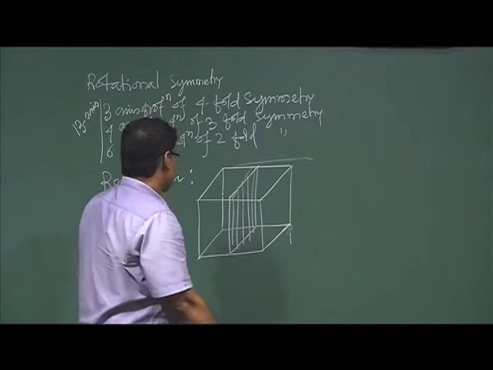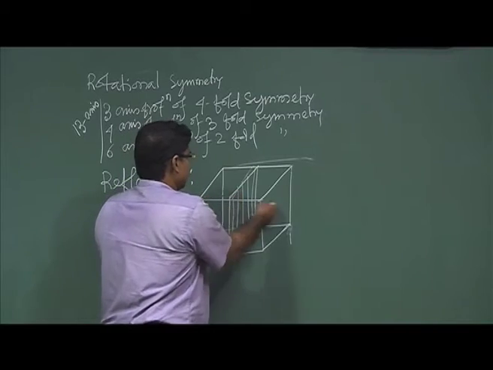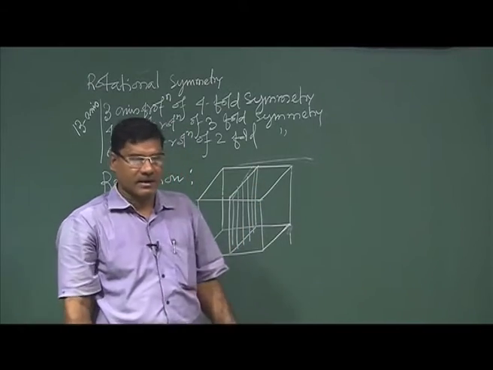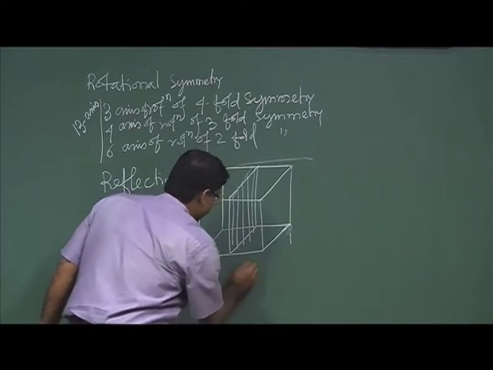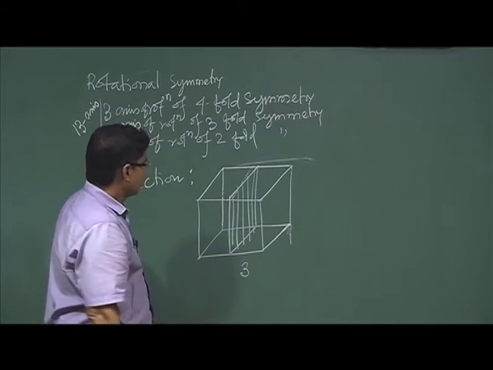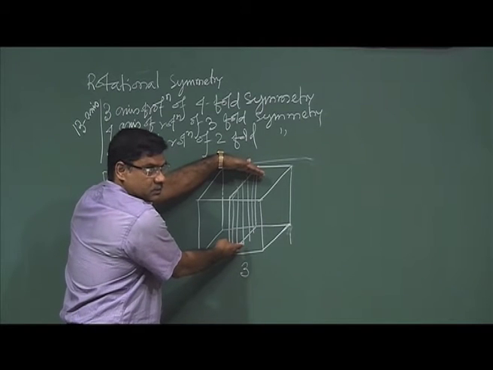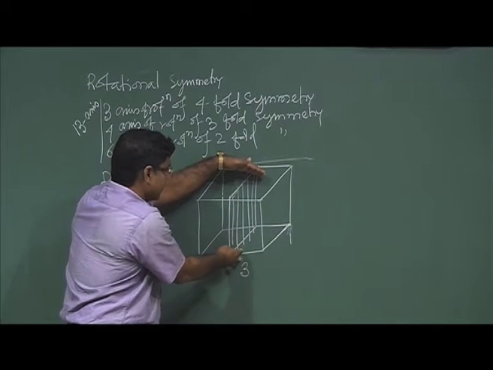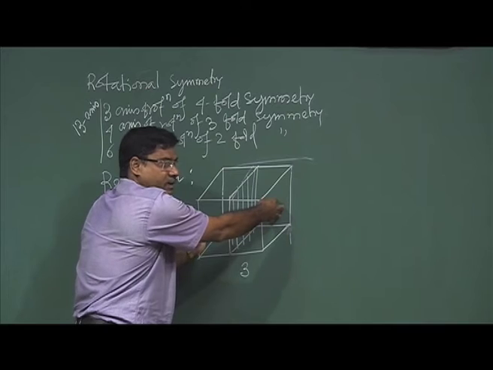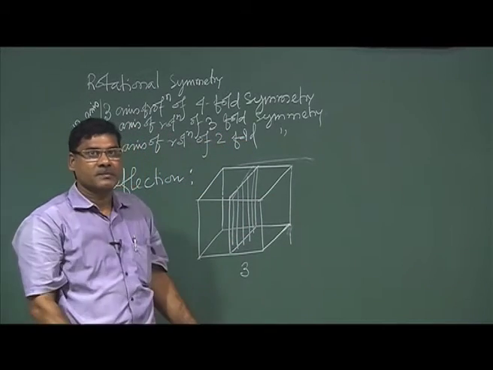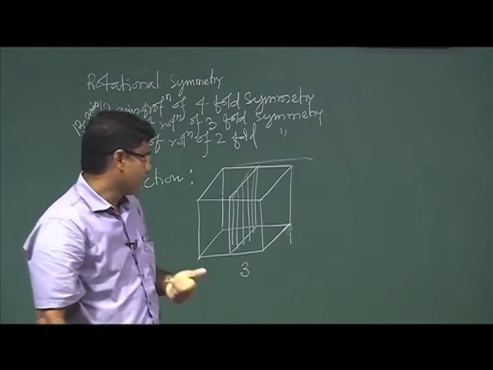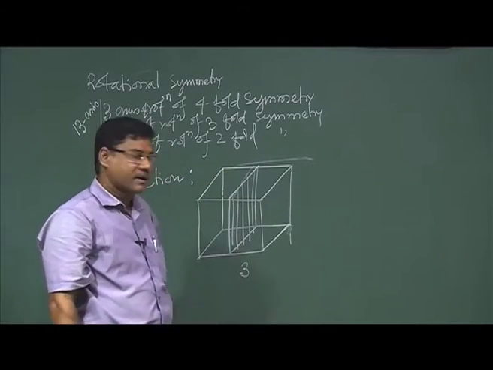This type of plane you can get 3: two opposite faces give one plane, the other two opposite faces another, and the remaining two another. So, a total of 6 faces, and 3 reflection planes one can get.